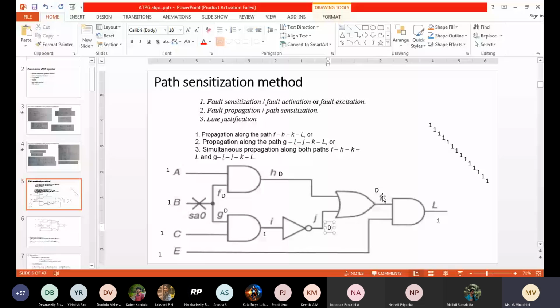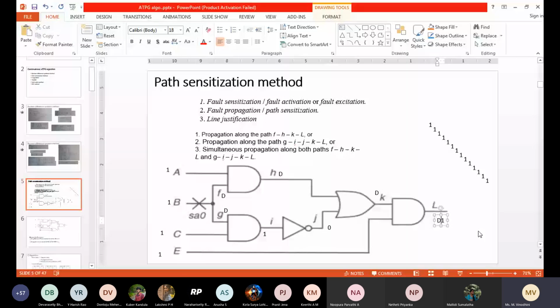Give your name. Manish, ma'am. Okay, Manish. Now if I want to take this D to L, what should my E be? 1. This is an AND gate, so 1.